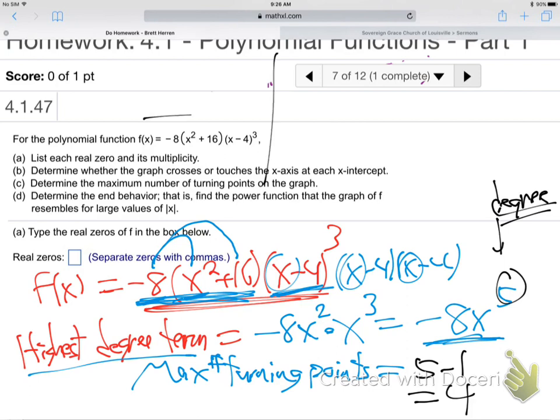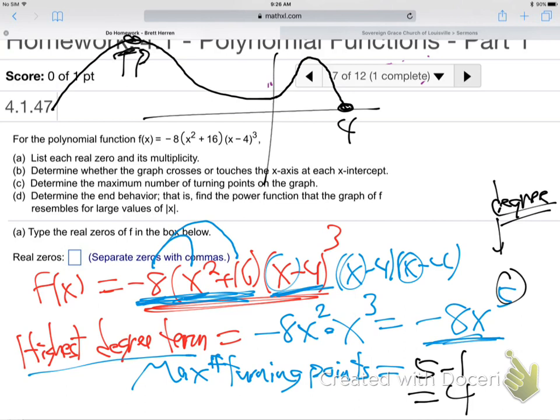Now, when I drew this graph, I know it goes through 4. It might go up and then come down and then go up and then come down. This would be a turning point, TP, and a turning point, and a turning point. And maybe it goes up one more time.